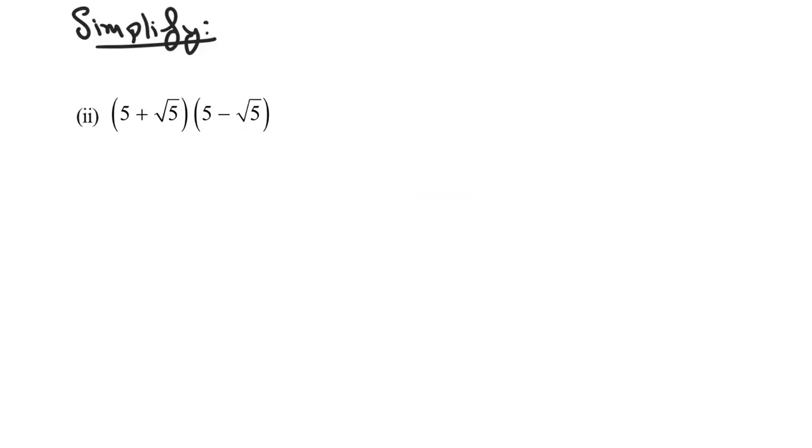Let's simplify this. (5 plus root 5) times (5 minus root 5). In the previous example, we saw how to open the brackets. Take every term in the first bracket and multiply with every single term in the second bracket.